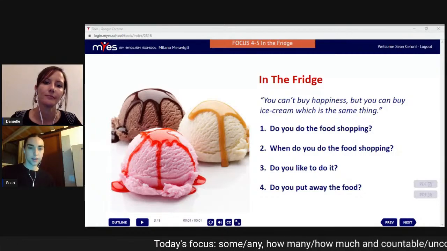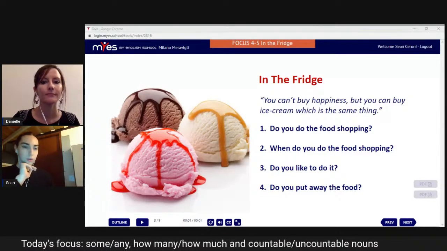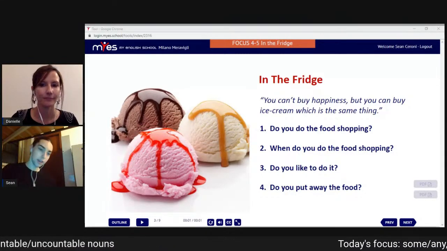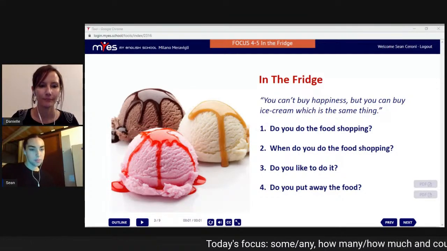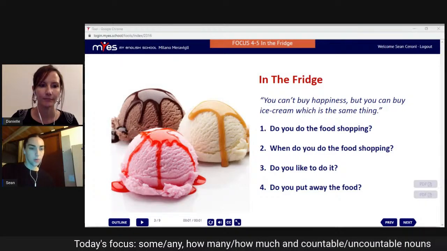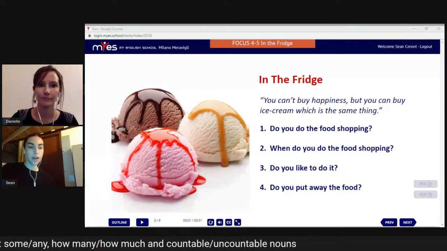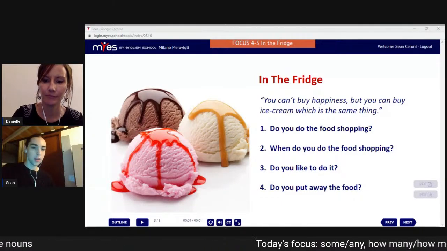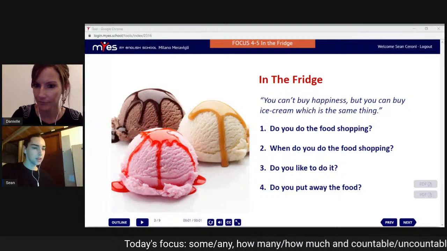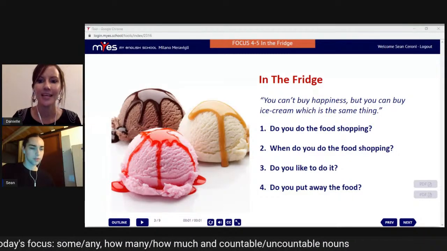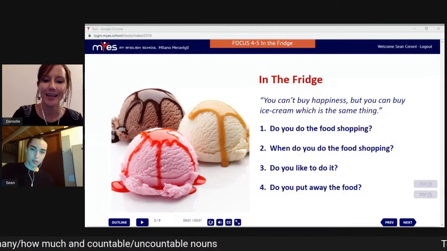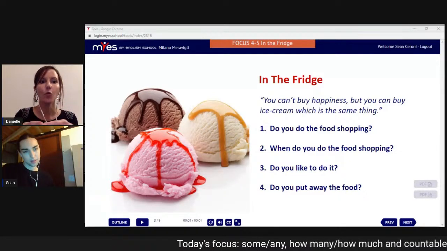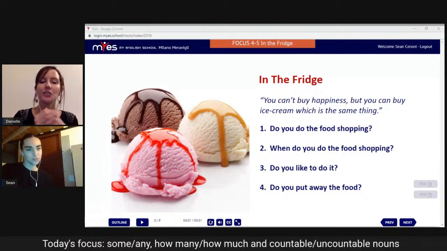Exactly. Number three, do you like to do it? Any question with like as the main verb is about whether you enjoy it, whether it is something that you have a preference for doing. Is it something you enjoy? Is it something you like to do? And the last one, I think maybe the meaning of put away might be a bit difficult. Yeah. Put away means to place something where it belongs, where it should be.